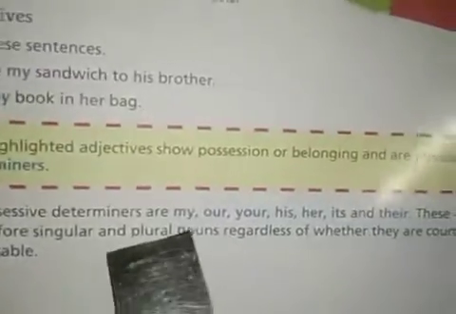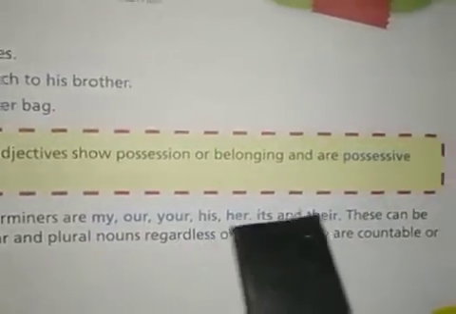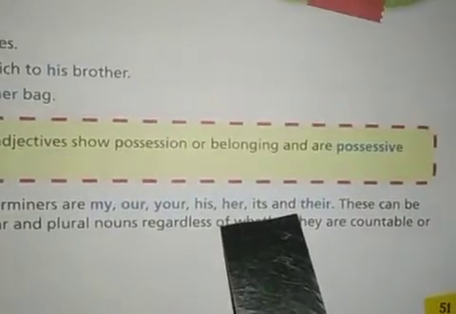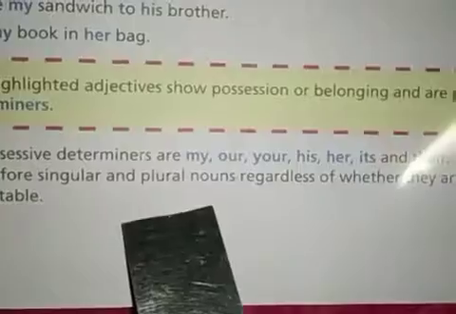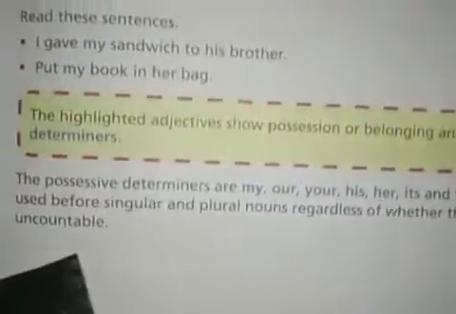The possessive determiners are my, our, your, his, her, its and their. These words are possessive determiners. These can be used before singular or plural nouns regardless of whether they are countable or uncountable.